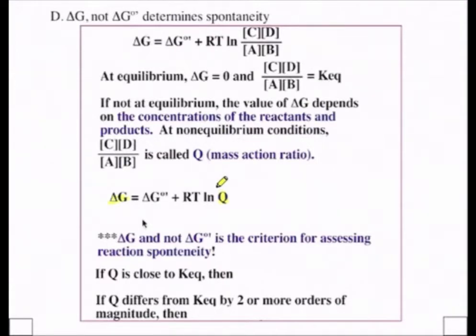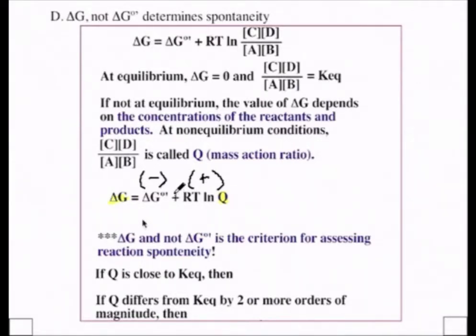So under circumstances where C times D is greater than A times B, then we will see that this number is positive. So if the value of delta G naught prime is a negative number, then the actual delta G will be more positive, that is less spontaneous.